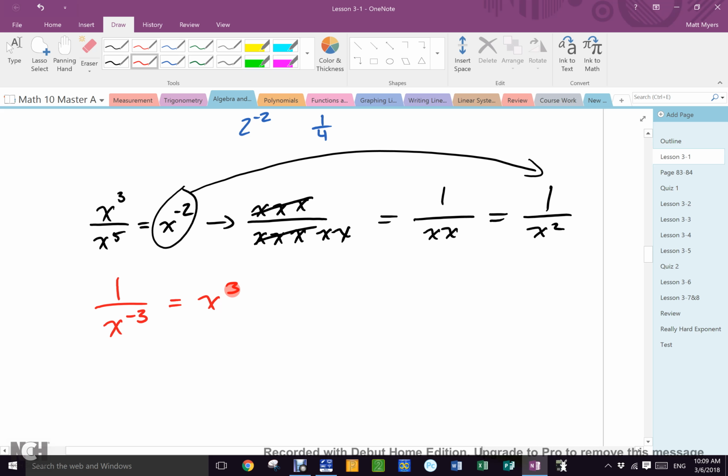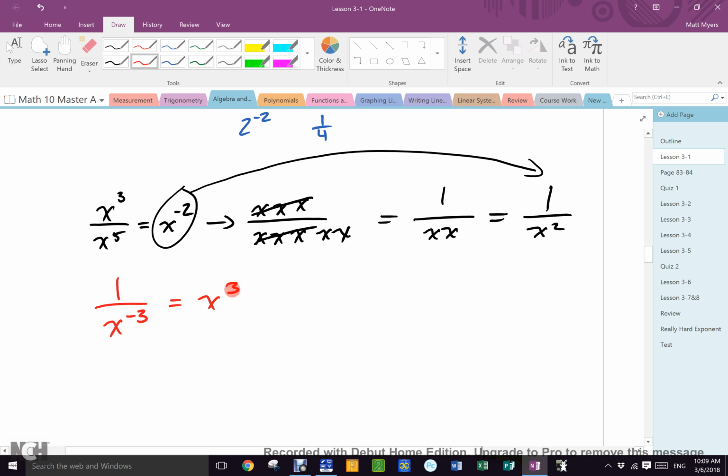Are negatives allowed to exist? No. So where does this numerator have to go? To the denominator. And what happens to its exponent? Becomes positive. Where does this one go? Numerator. What happens to its exponent? Positive. Please notice that all I did was flip the fraction and change the exponents. Is everybody good?